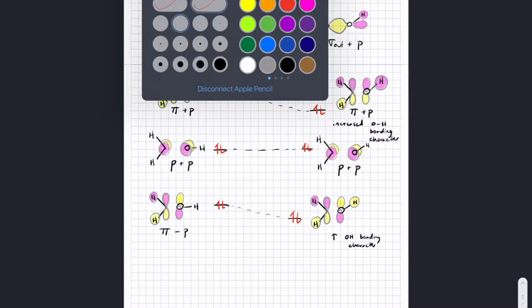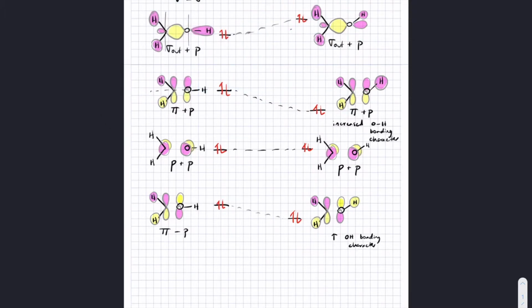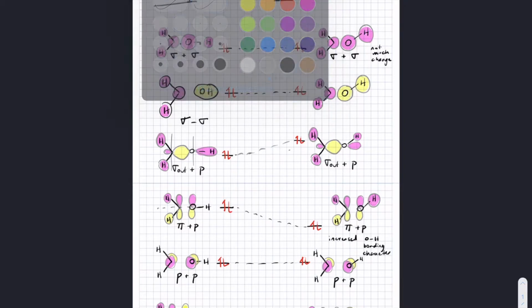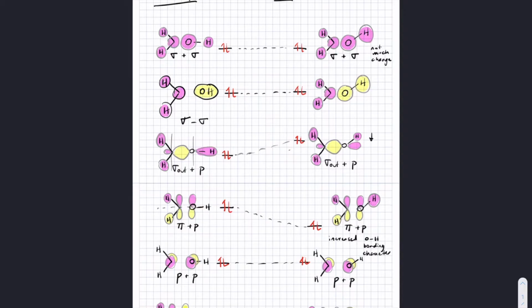But if you look at the overall changes, what's occurring when we go from linear to bent, we see some decreased oxygen-hydrogen overlap. But then we have two orbitals where we see increased oxygen-hydrogen overlap. And if I were to guess, I would say that the two increased oxygen-hydrogen overlapping interactions probably more than compensate for the decreased oxygen-hydrogen overlap in the sigma out plus p orbital.